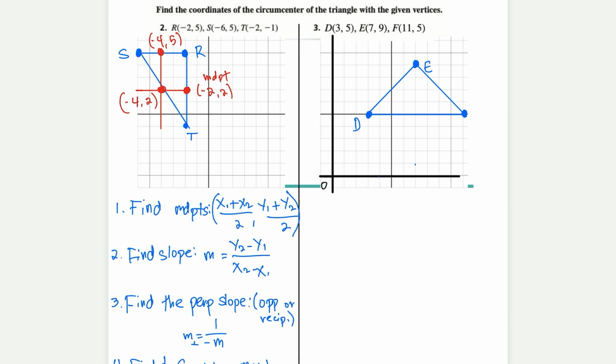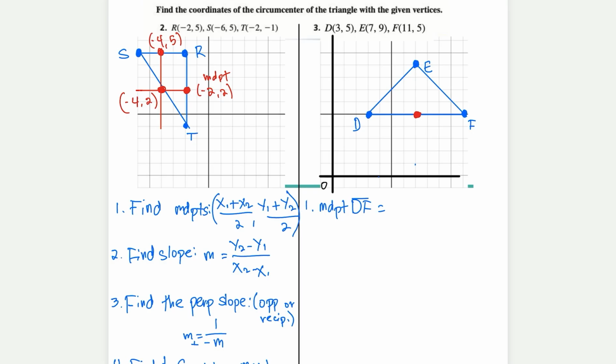Now, we're going to find the circumcenter of the triangle. So first, let's find the midpoint. The midpoint of, say, the DF. This is the DF, line DF. We can easily find the midpoint on this one.